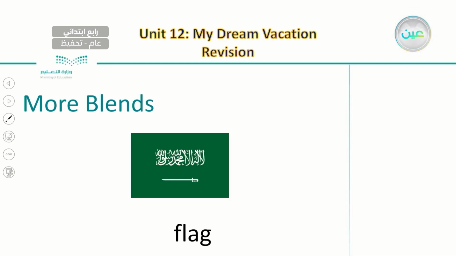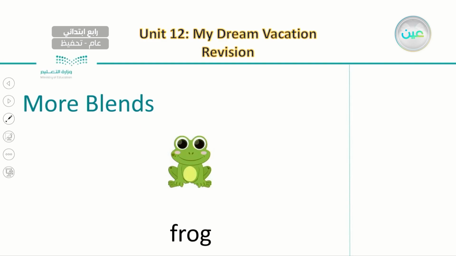And also the other blend we used last time is F and R, as in frog, frog, which is a green animal that lives between the sea and the land.